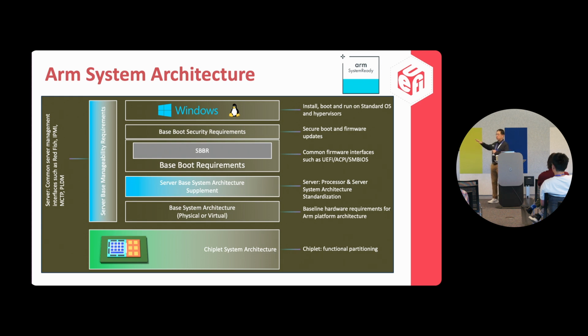And it has two flavors as well. It has the physical flavor: if you're building a real SoC, you need to have these requirements for the physical bare metal devices. But some parts of this could also apply to the virtual environment. Indeed, if you're talking about cloud service providers, what you have as a customer are not the physical bare metal hardware, right?